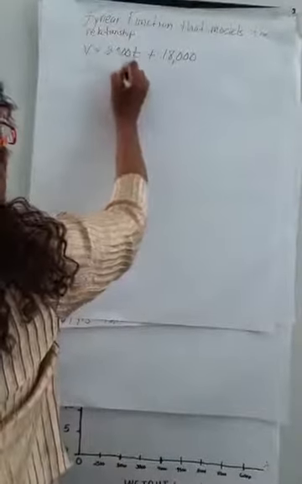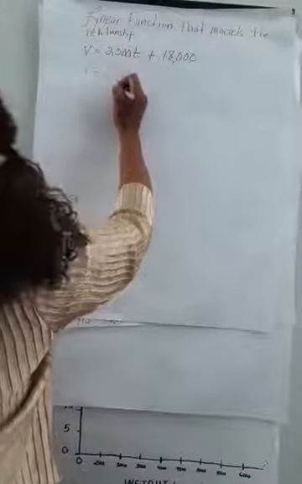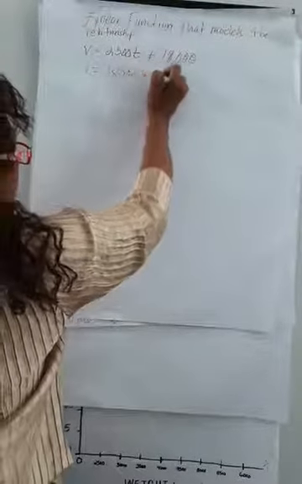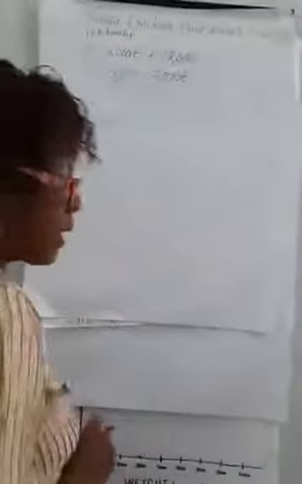I could either do it like that, or I could say value is equal to $18,000 minus 2,500t. I can do it that way. I can write either or. So that's my linear function.